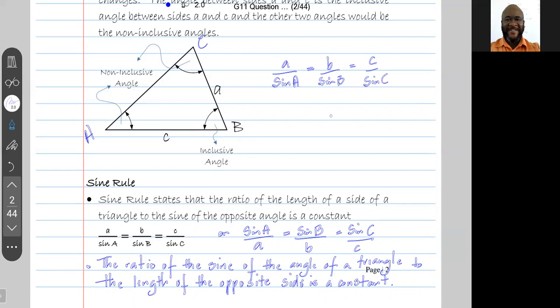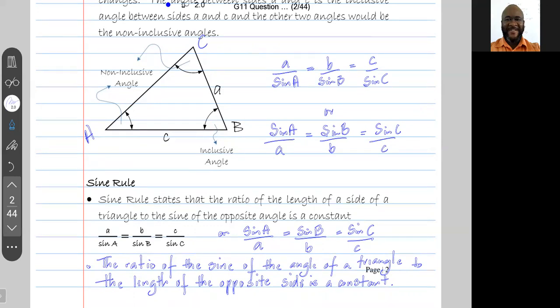This is sine rule. Now, sine rule can also be written like this. Sine A over a is equal to sine B over b is equal to sine C over c.